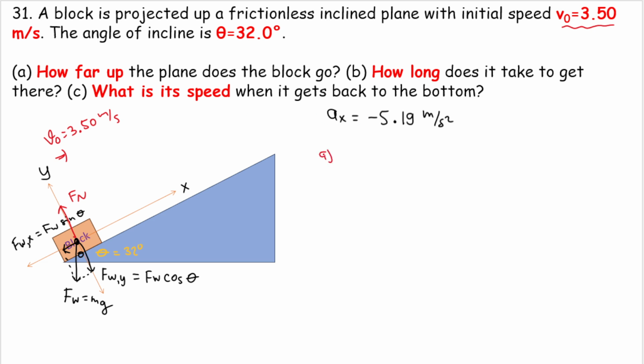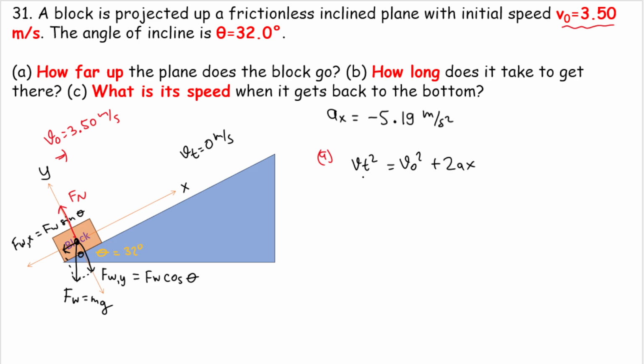How far up the plane does the block go? We can use the kinematics formula Vt squared is equal to V0 squared plus 2ax. Because eventually the block will stop here, we have Vt equal to 0 meters per second.